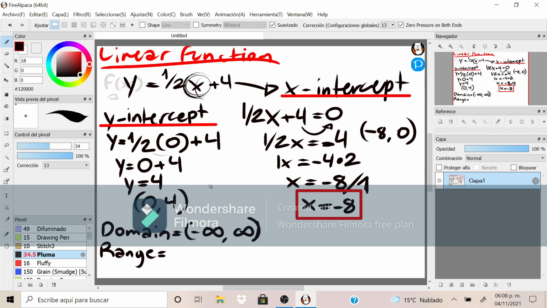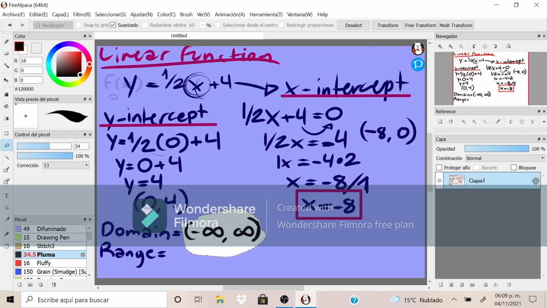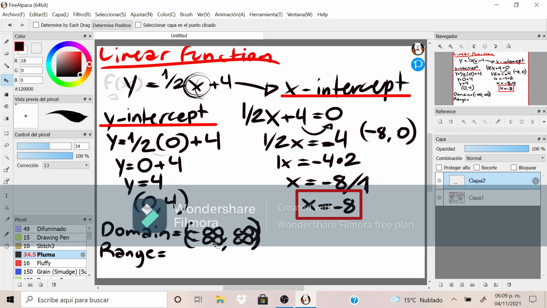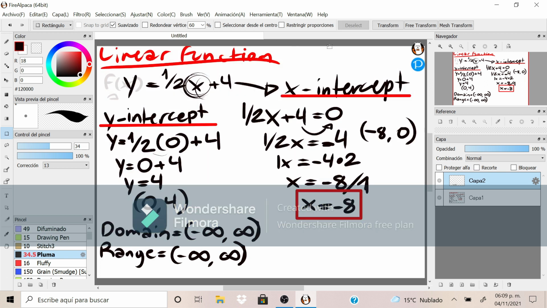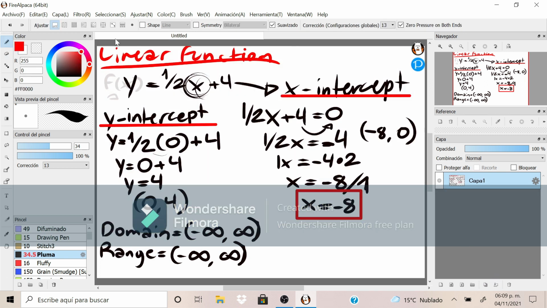It doesn't have an ending. Therefore, it's going to be infinite. So domain and range have the same answer here, so we're just gonna put it here. I'm just lazy like that. So this would be domain and range, minus infinity to infinity.